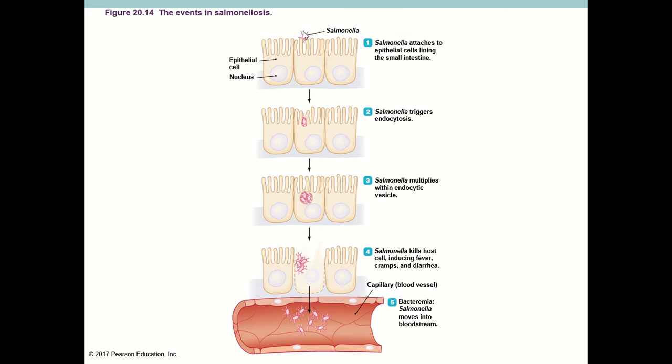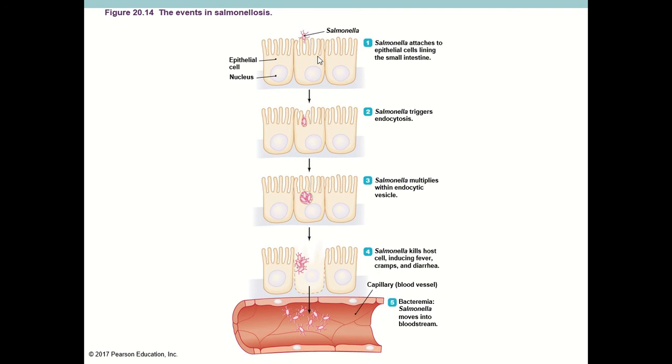We're looking at the salmonella bacteria percolating into the blood. So what it needs to do is attack an epithelial cell. Once it attacks the epithelial cell, it enters through endocytosis, which is caused by the capsule of the bacteria itself.